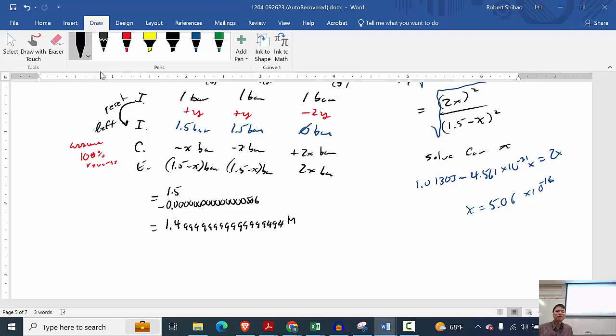Was the change very significant? So we started off with 1.5 bar, and we end up with 1.4999999999999 etc. 494 bar. Was that change very significant?